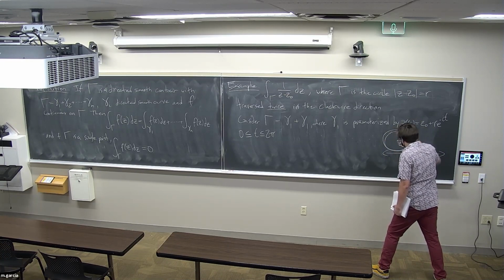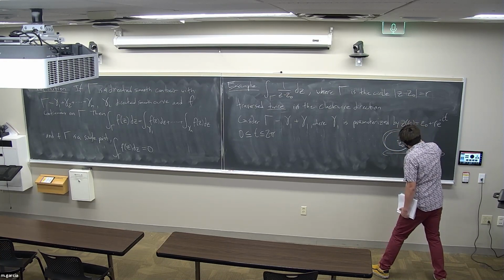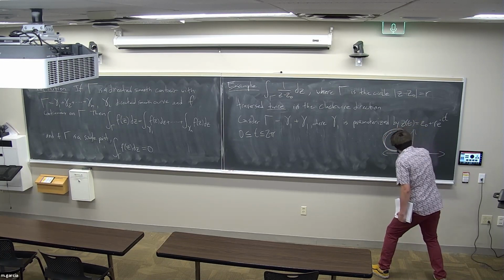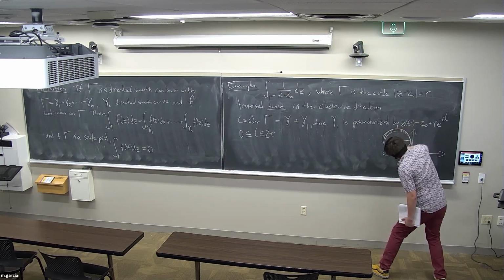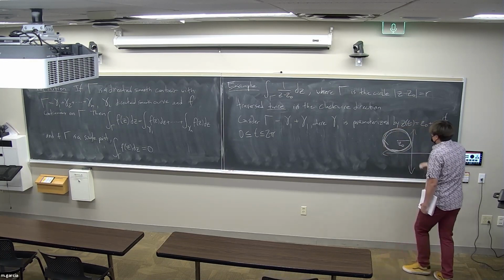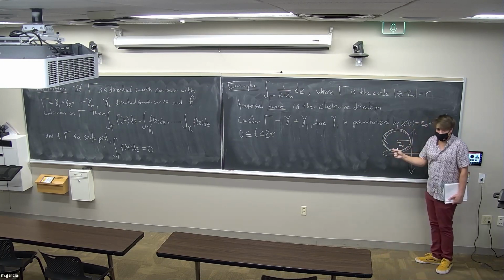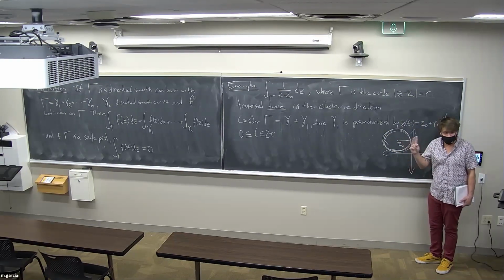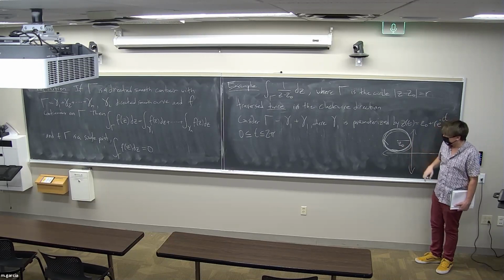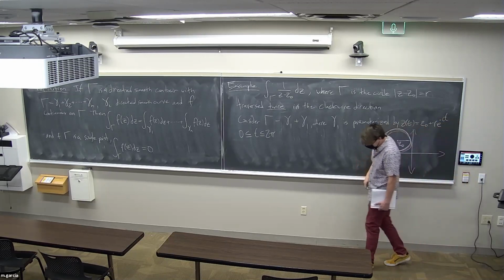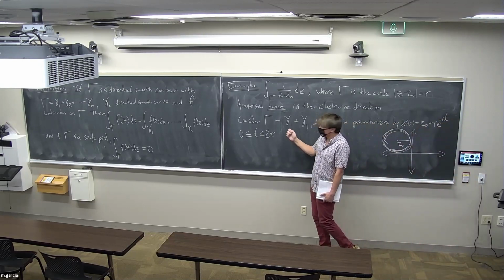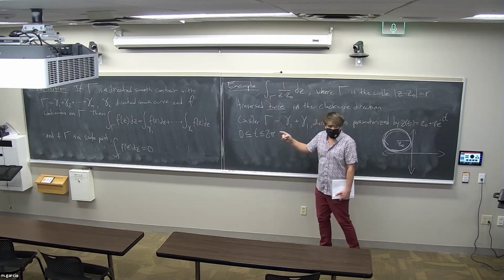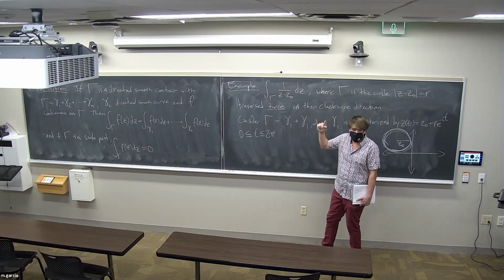I should have drawn it the other way. So we go like this. I traverse it twice, so I break it up into two smooth curves. Gamma 1 is just traversing the circle once, and then I do that again.